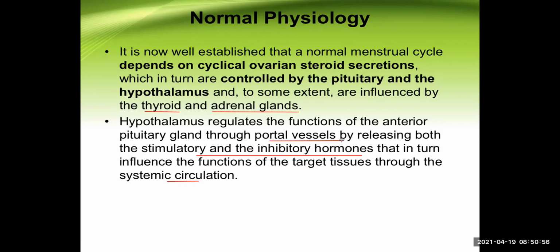One set of capillaries fuses together to form the portal vein, and when it reaches its target area, it again branches into smaller capillaries. So portal circulation always means two sets of capillaries. Remember that. The same type of arrangement is there in the anterior pituitary gland and the hypothalamus. So the function of the hypothalamus is to control pituitary action by releasing stimulatory and inhibitory hormones.